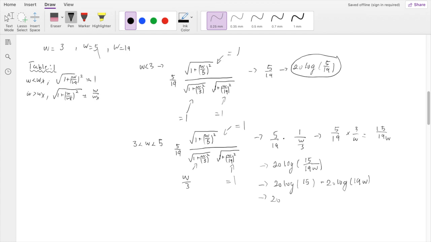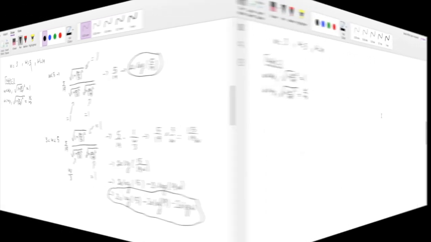Simplifying this again, we get 20 log 15 minus 20 log 19 minus 20 log W. So this is what our function's going to be in terms of the gain.